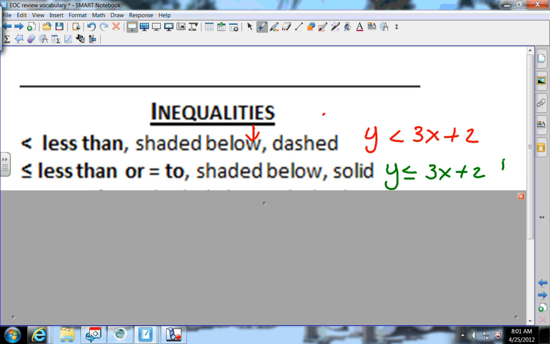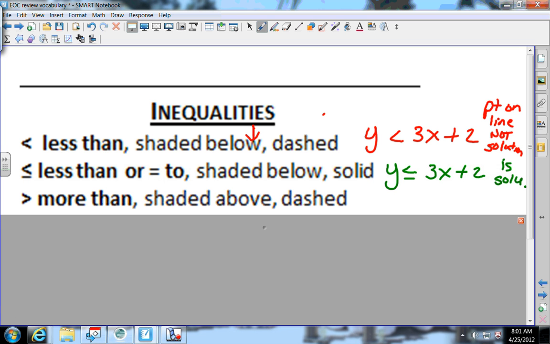It is a solution if it's on the line or below. This one, the points on the line are not a solution. Okay? These notes, again, should help you realize what we need to look at to review.